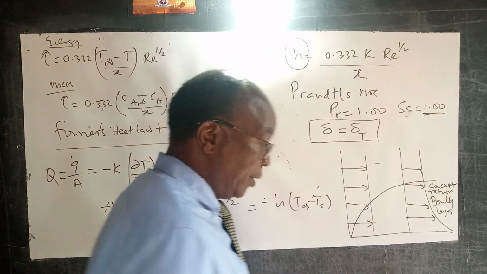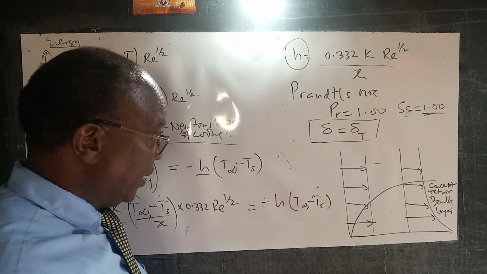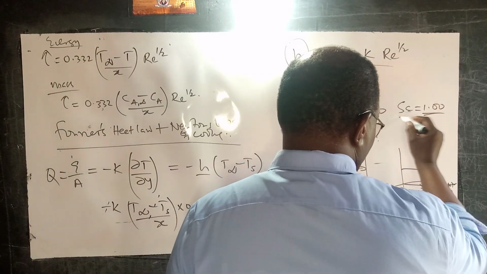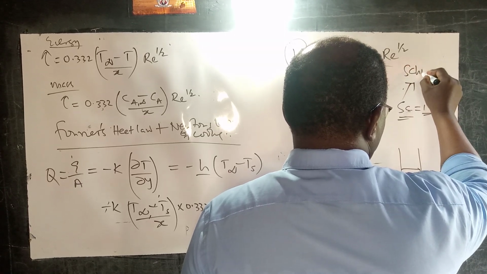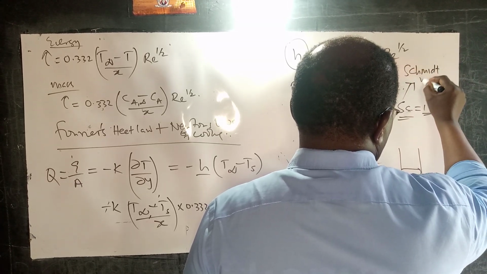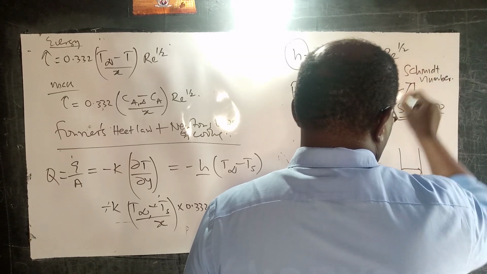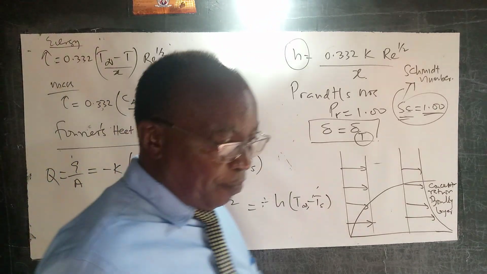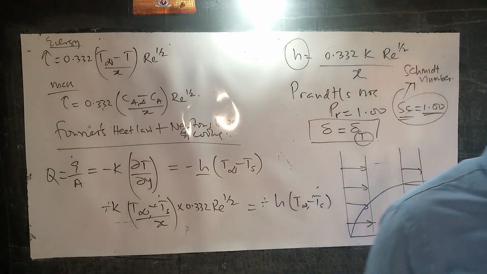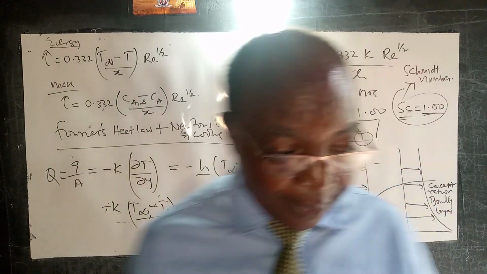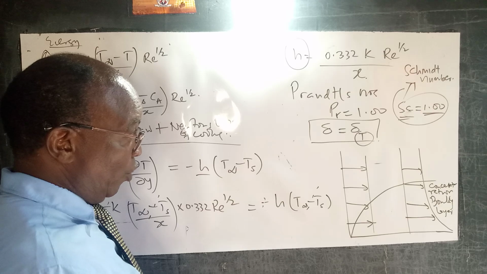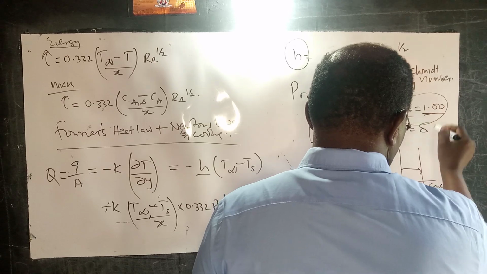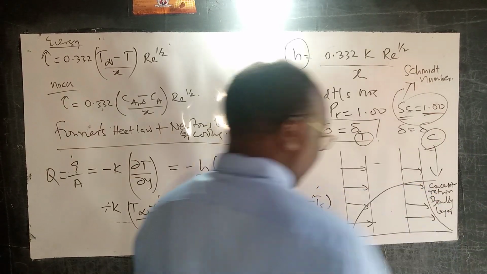So in place of the thermal boundary, now you have the concentration boundary. But we hardly use it significantly. You'll see the Prandtl number and Reynolds number more than you will see the Schmidt number. And that has to do with the concentration boundary.